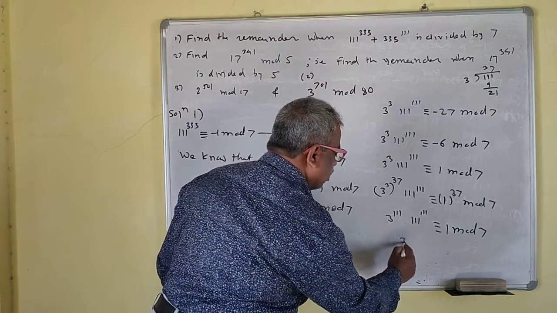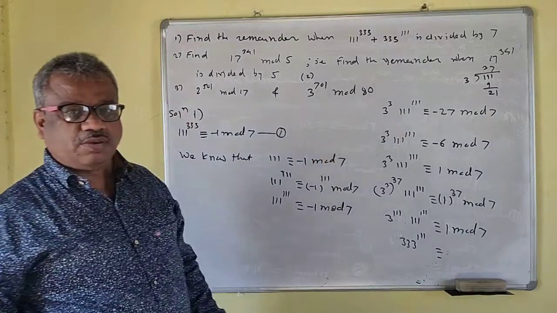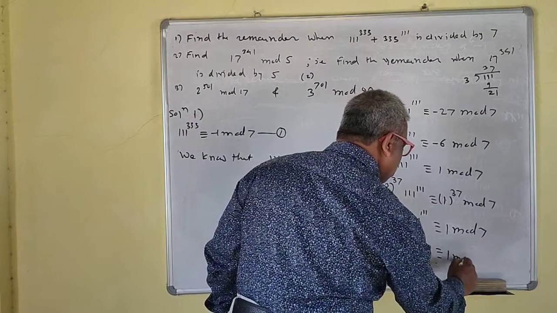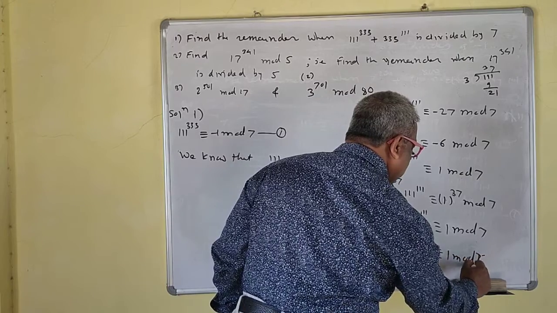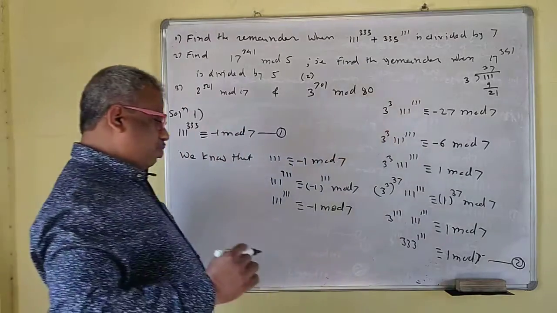Now both the powers are the same, so I can take the product of the bases. So this is 1 mod 7. I will call this 2 now.